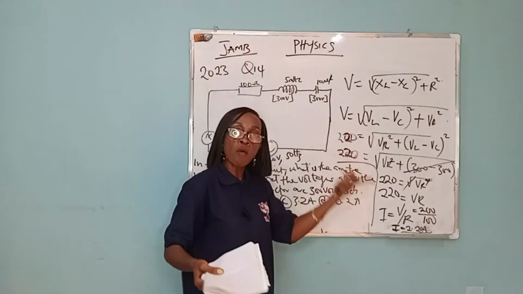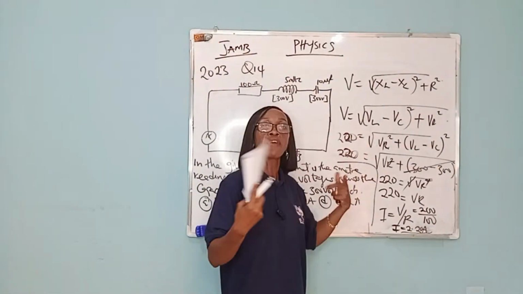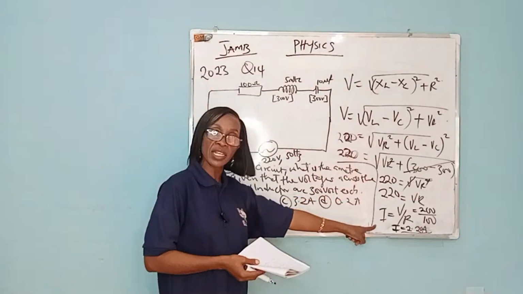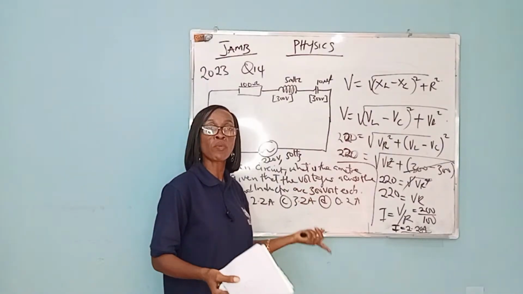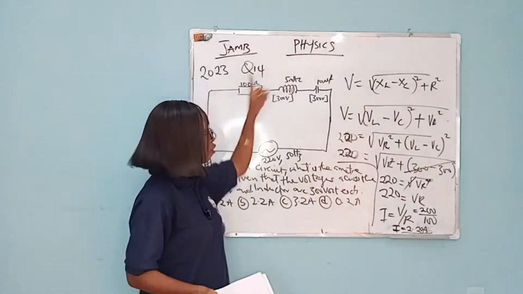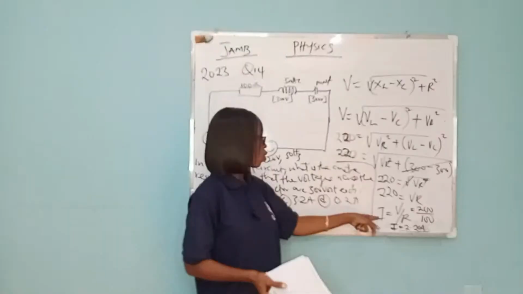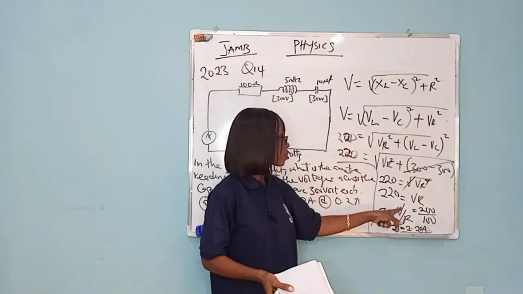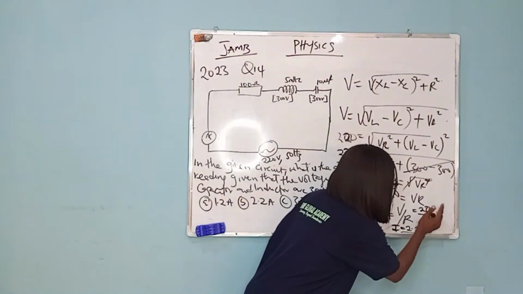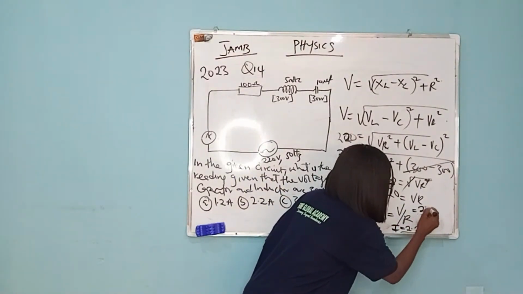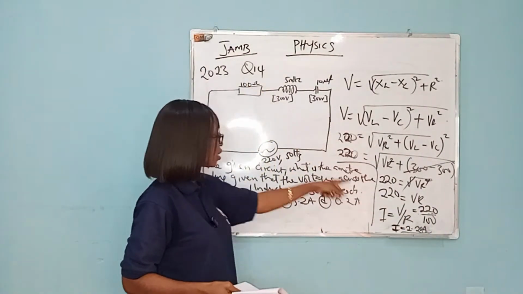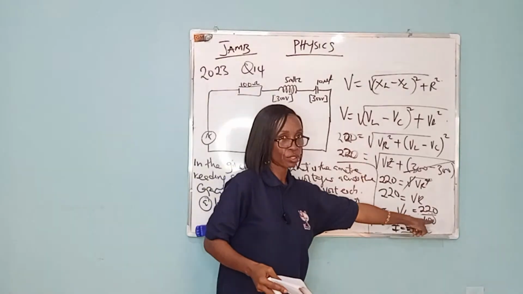From our Ohm's law, I is equal to V over R, because I'm asked to calculate the ammeter reading, which is the current. An ammeter is an instrument to measure current. So I is equal to V over R, with V as 220 and R given as 100 ohms.